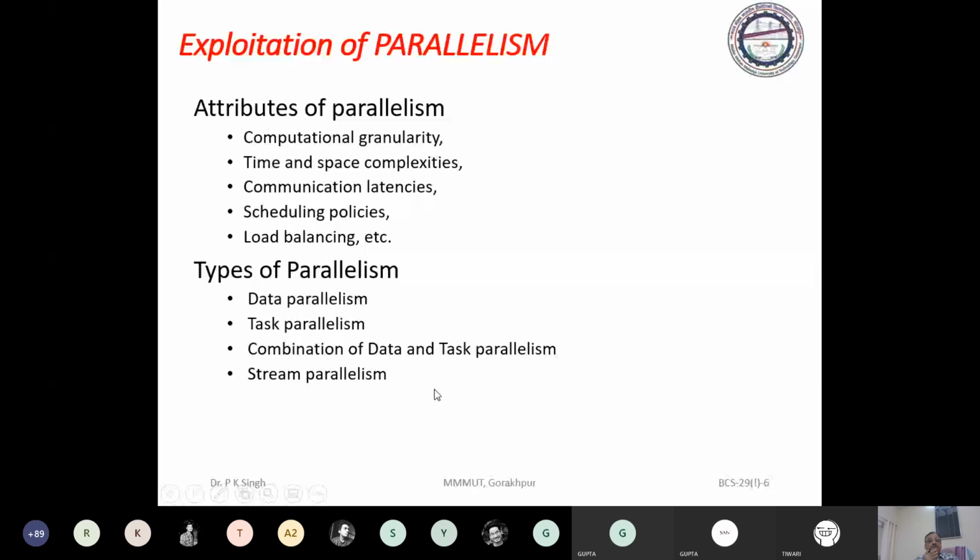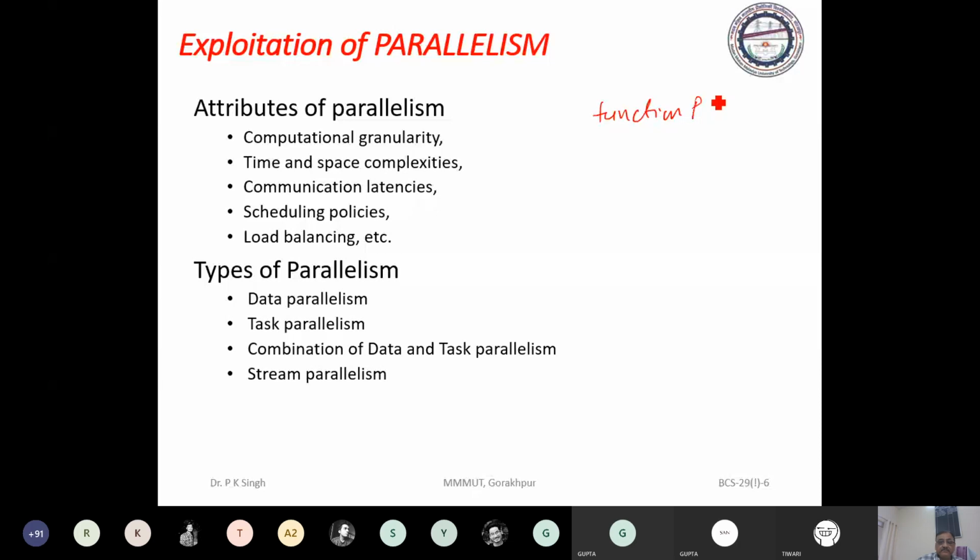Now, how do we exploit parallelism? In the attributes of parallelism, the first thing is computational granularity, meaning grain size. You have seen during the discussion of the classification of modern computers that we have functional parallelism.